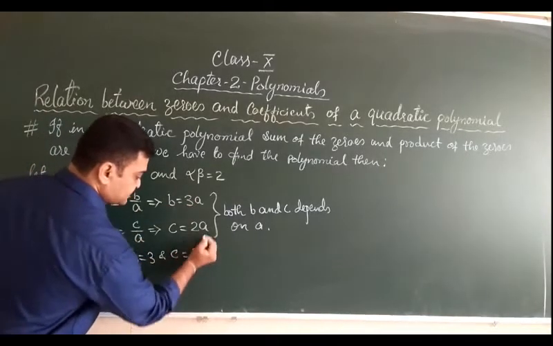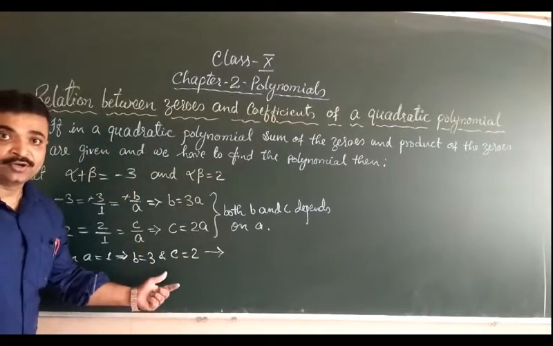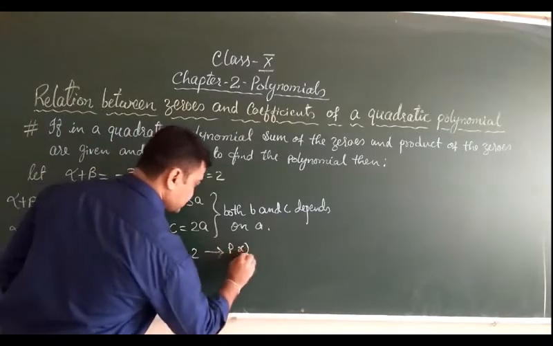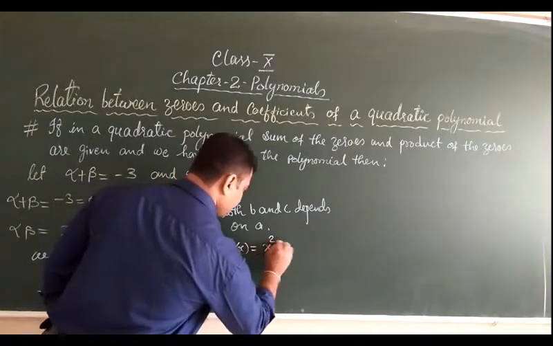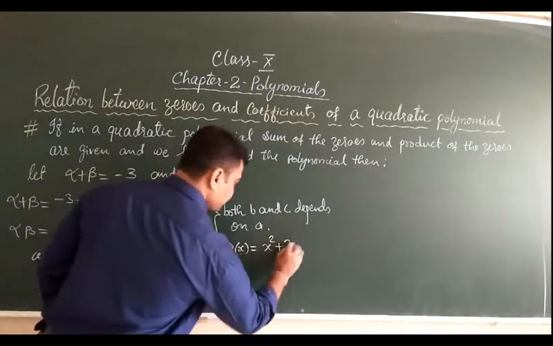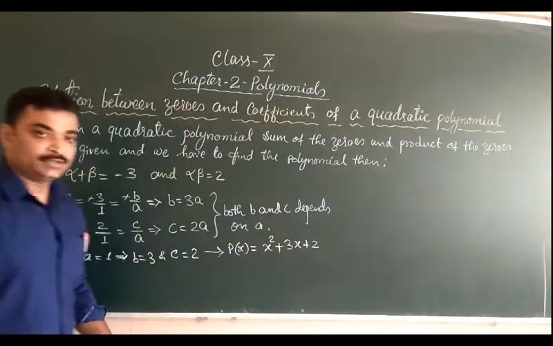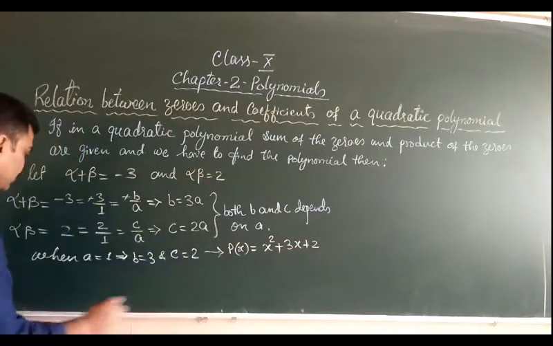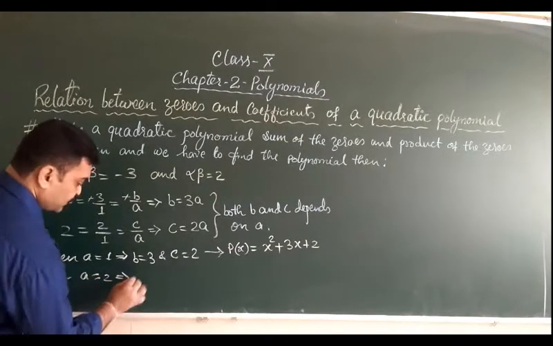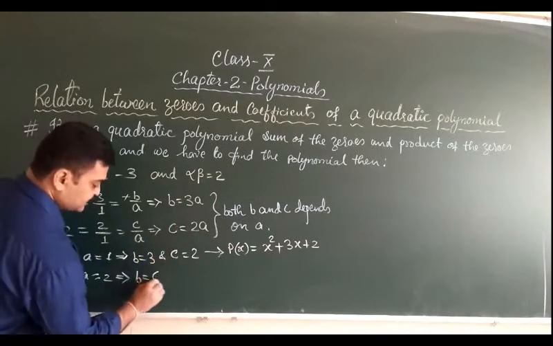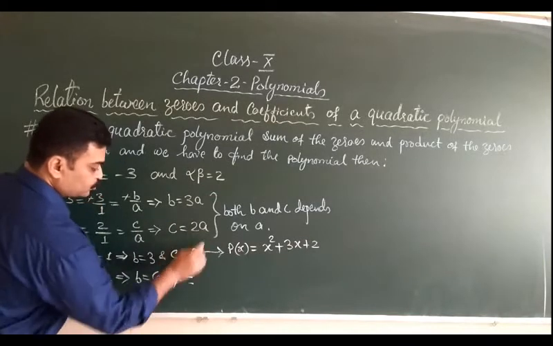So what is our polynomial? P of x is equal to ax square, that is x square, plus bx, that is 3x, plus 2. It will be our polynomial. Now when a is equal to 2, then b is equal to 3 twos are 6 and c is equal to 2 twos are 4.